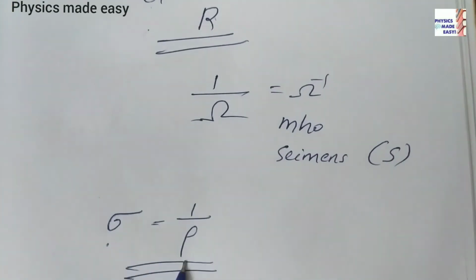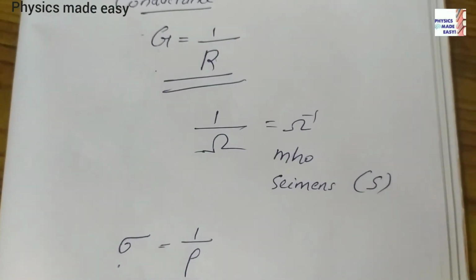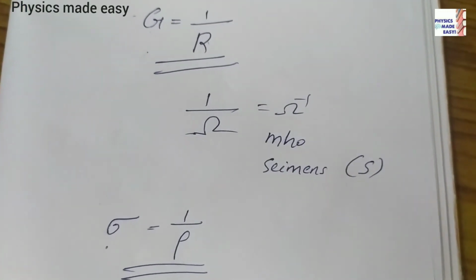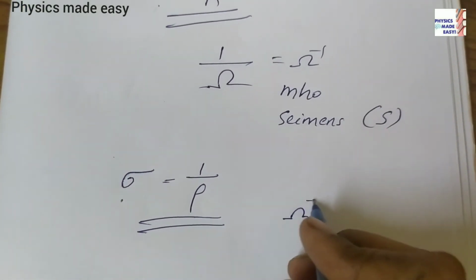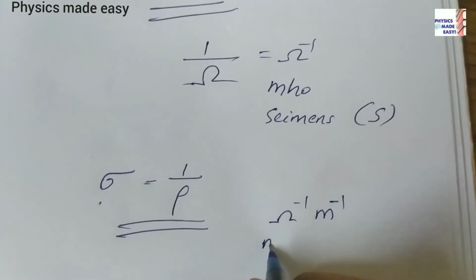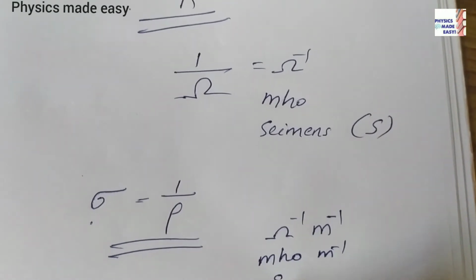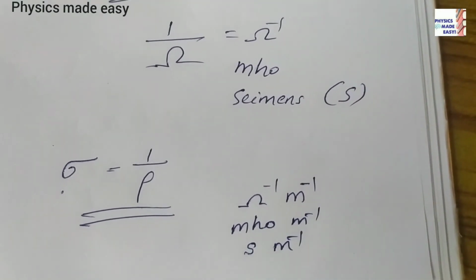The reciprocal of resistivity is conductivity. Then what is the SI unit of conductivity? The SI unit of conductivity is ohm raised to minus 1 meter raised to minus 1, or we can write this as mho meter raised to minus 1, or Siemens meter raised to minus 1.